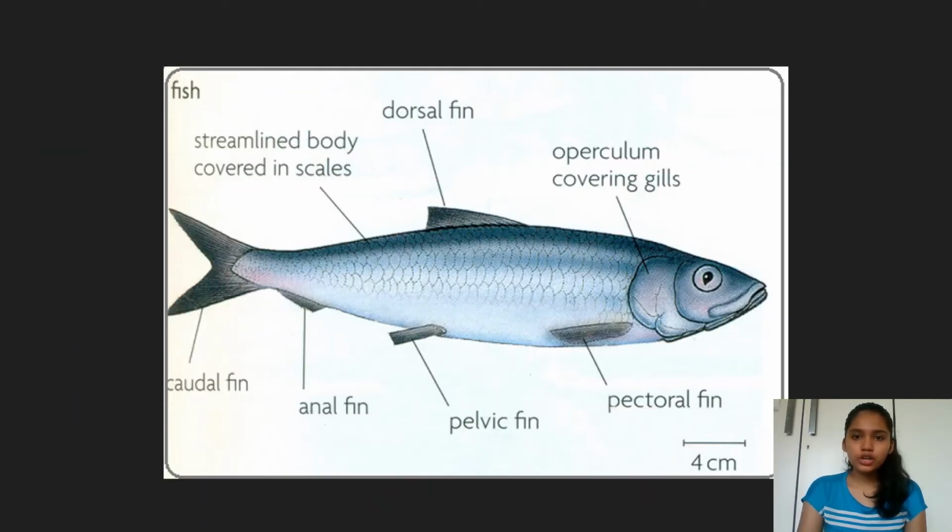This picture is the picture of a fish. You don't really need to know this, but you should be familiar with the terms like there's the pectoral fin, the pelvic, anal, caudal, streamlined body covered in scales, the dorsal fin, and here there's the bony plate that protects the filamentous gills.